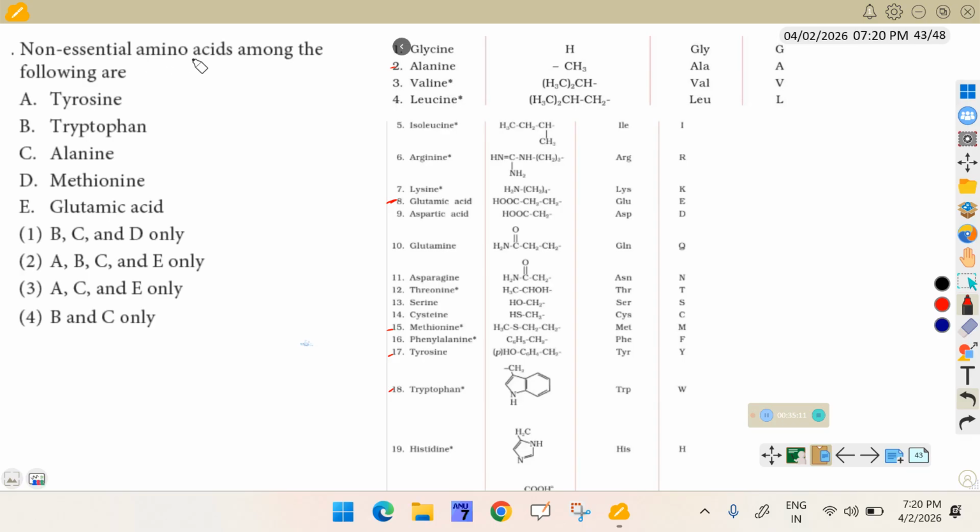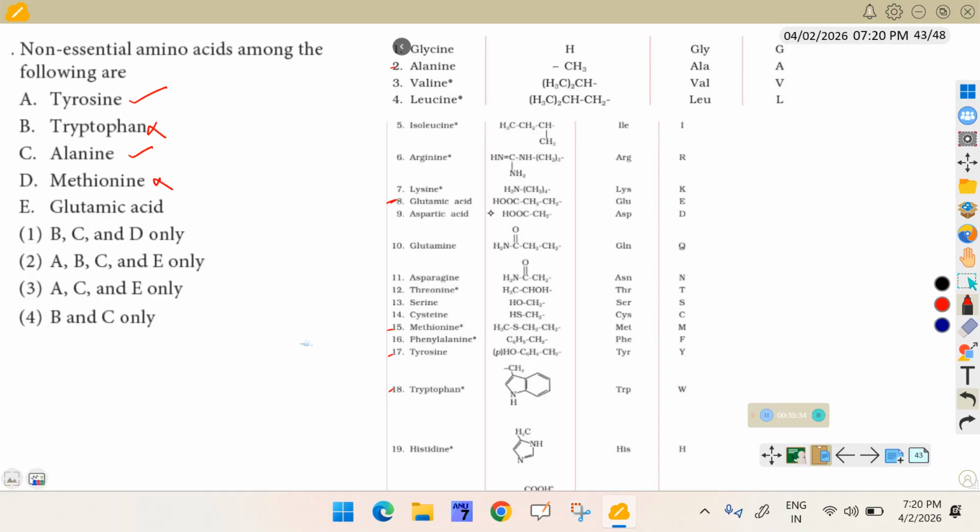Non-essential amino acids among the following. Tyrosine, yes, this is non-essential. Tryptophan, this is essential. Alanine, this is non-essential. Methionine, this is essential.